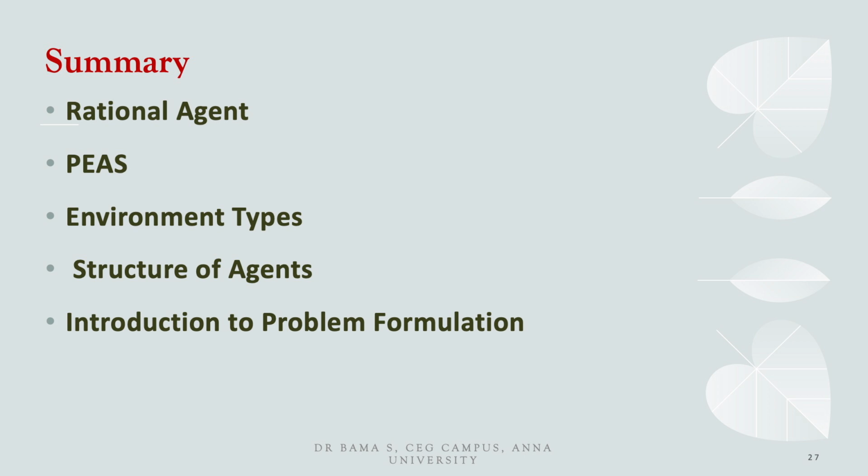And talking about the agent with respect to the environment, the properties of environment can be divided into multiple types, those we discussed, and the structure of agents as simple reflex, model based, utility based, goal based and learning agent types. And finally, we have given an introduction to the problem formulation.